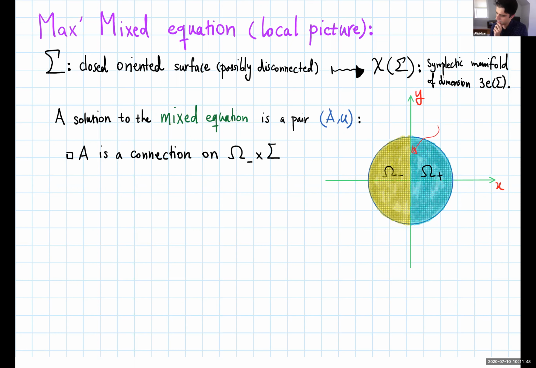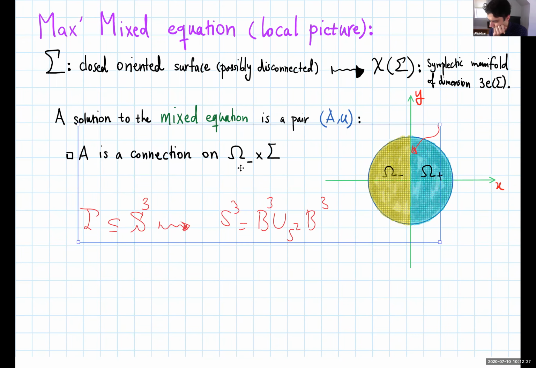Yeah, so what you want is, for example, if you have a web, let's say in S3, then you want to decompose. One approach to do this is to try to decompose S3 into the union of the simplest Heegaard splitting, a union of two three-dimensional balls.